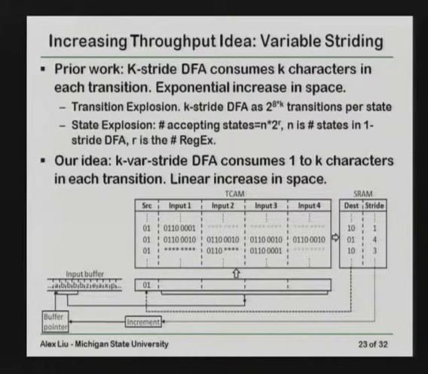First, there is a transition explosion, because every edge used to be 256, and right now it will be 256 to the power of K. For example, for 2 stride it is 256 to the power 2, for 3 stride it is 256 to the power 3. That's the transition explosion. And second, there is also a state explosion. The number of states will explode pretty quickly.